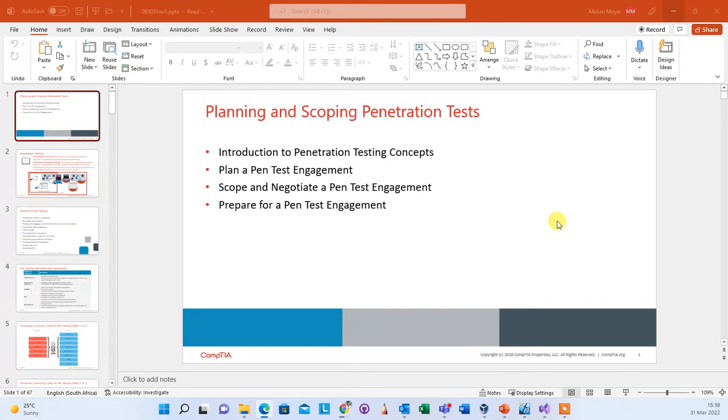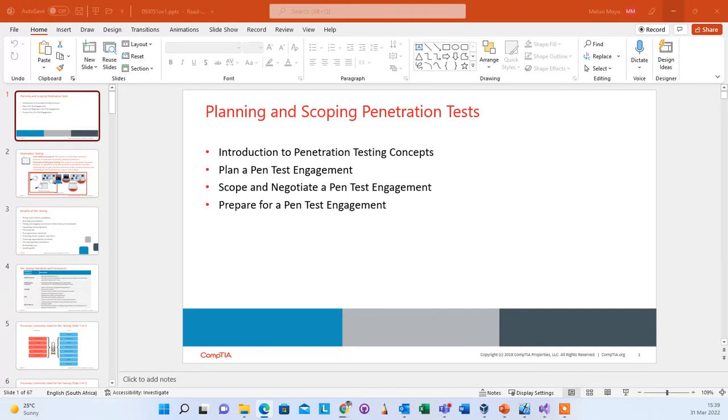So the first module, or the first topic, is about planning and scoping a penetration test, right? You have been hired by a company to conduct a pen test on their infrastructure, on their systems. So you're gonna start with the planning phase, right? That's phase number one. On this part, we're looking at the planning part and the scoping part.